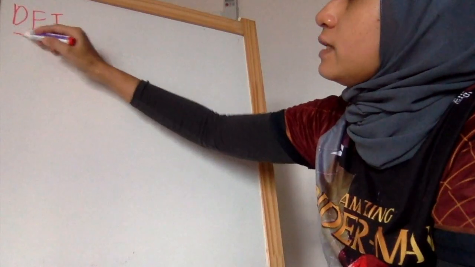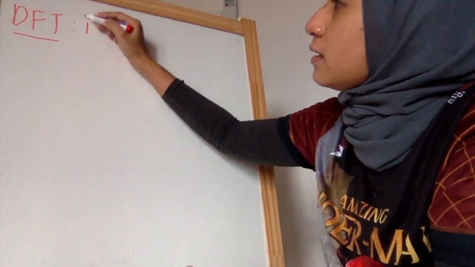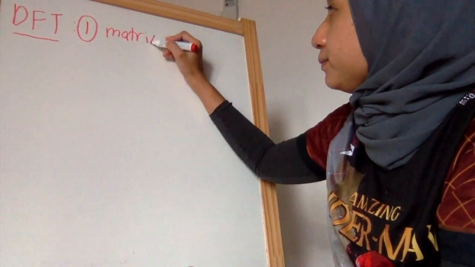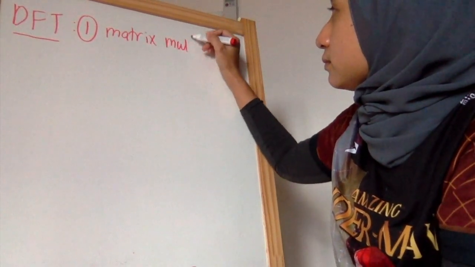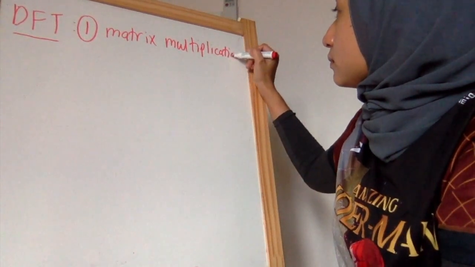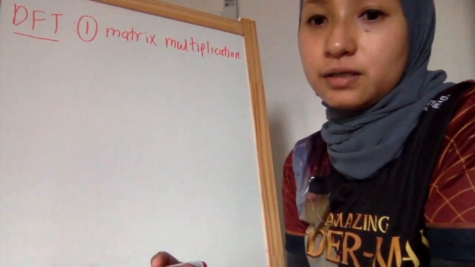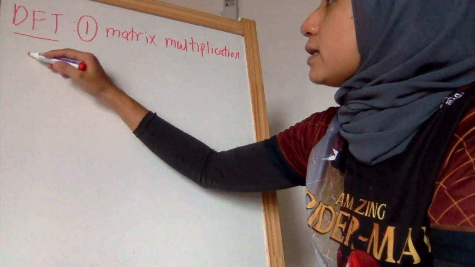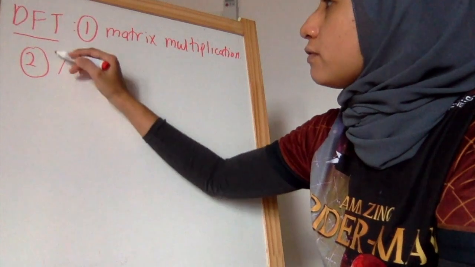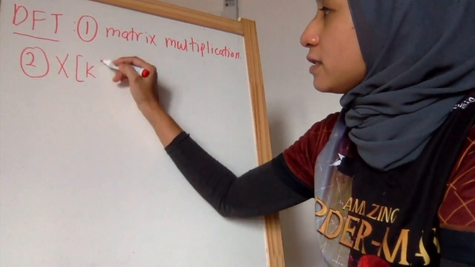To solve the DFT, one technique is using matrix multiplication. For you to solve your matrix, of course you have to remember this equation.